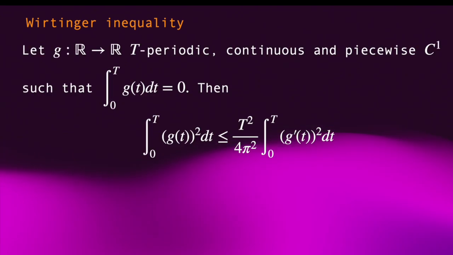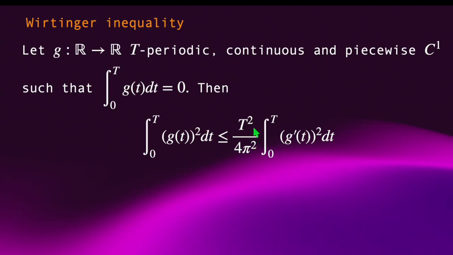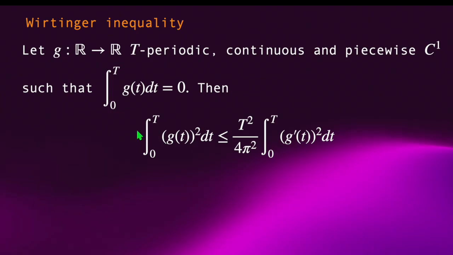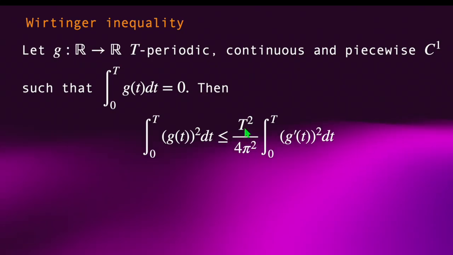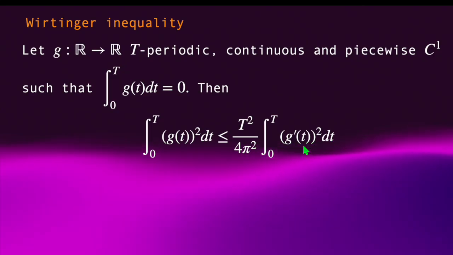For Wirtinger's inequality, we have a T-periodic function g which is continuous and piecewise C1, such that its integral is equal to 0 on the interval [0,T]. Then we have this inequality: the integral of g squared is less than or equal to T squared over 4 pi squared times the integral of the square of its derivative.